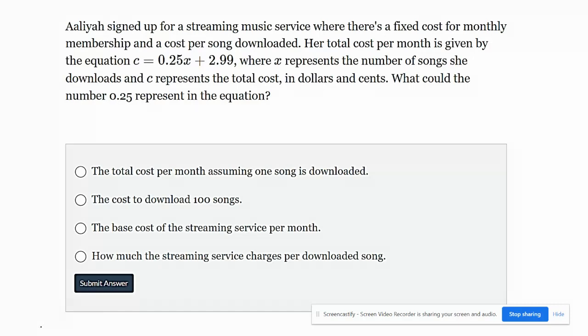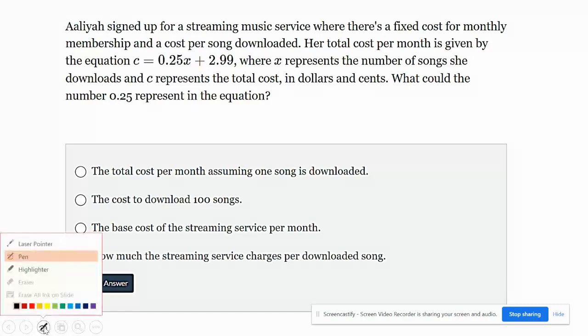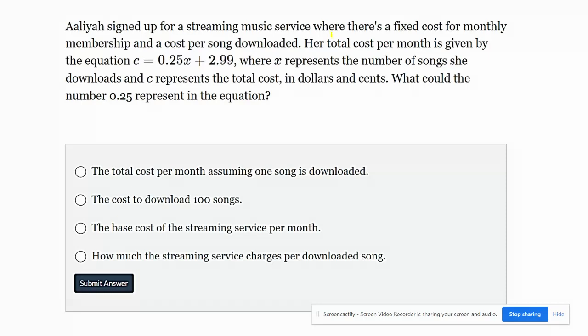Okay, so let's just highlight some information here. So streaming music service, there's a fixed cost for the month. So no matter what, she has to pay that amount per month, and a cost per song. Okay, so those are our two things, our two numbers here, a fixed cost and a cost per song. We know that C is going to represent the total cost for the month, and X represents the number of songs she's downloaded.